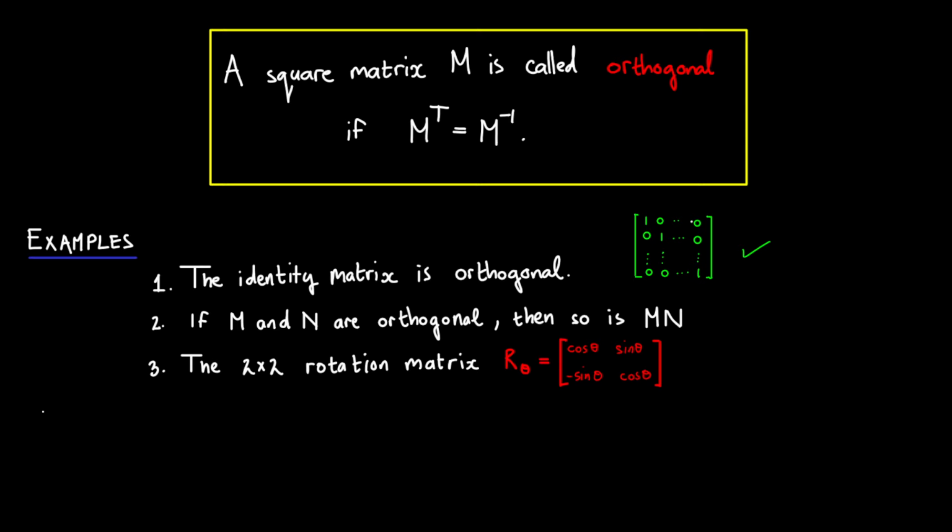If we assume that M and N are orthogonal, then we can consider the product MN and ask, is this an orthogonal matrix? Which is to say, is the transpose of this matrix its own inverse?